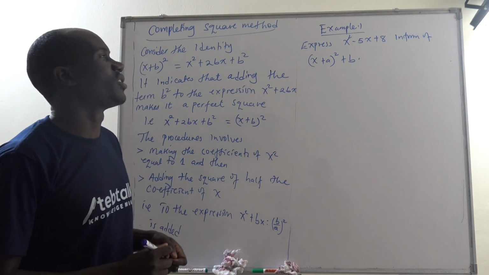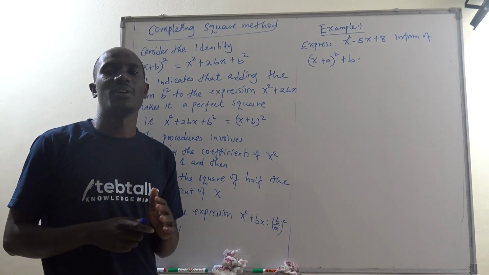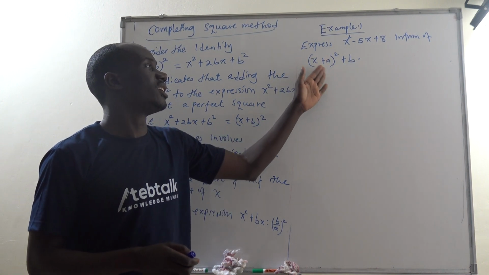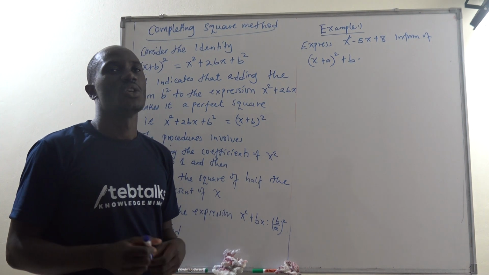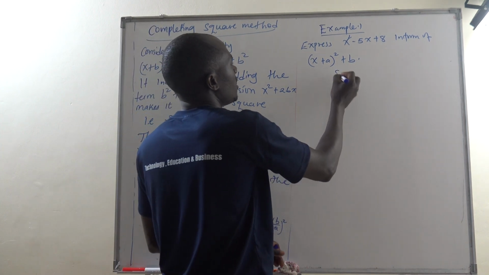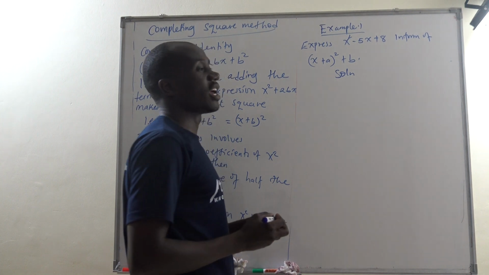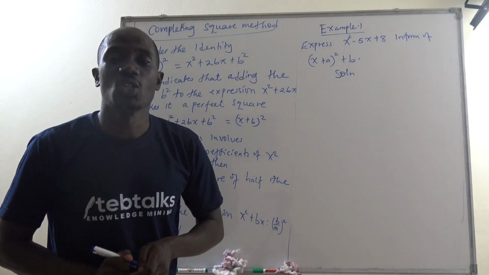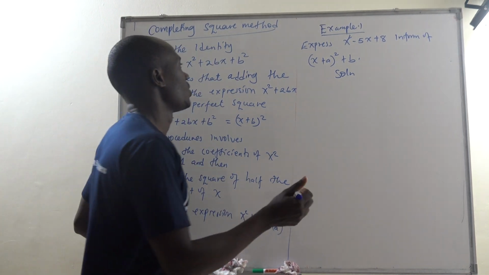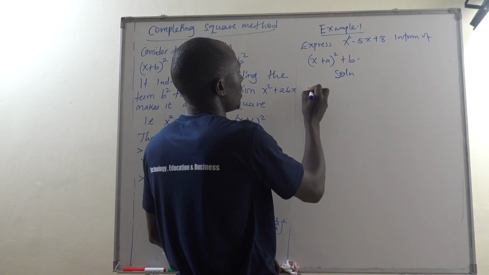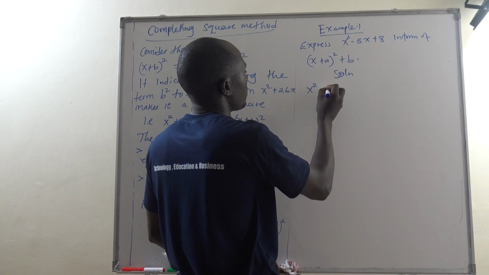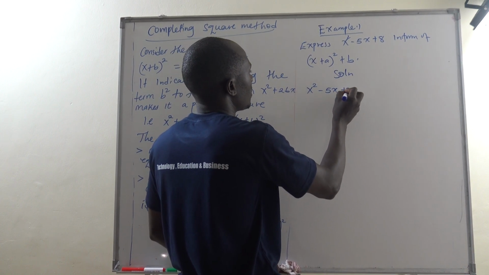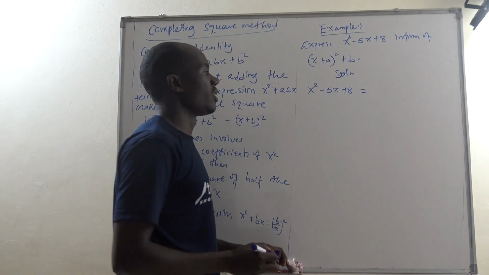First express x squared minus 5x plus 8 in this form. When they say in that form, they mean apply the completing square method.